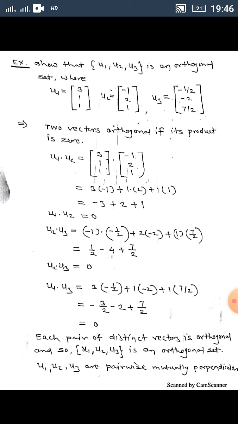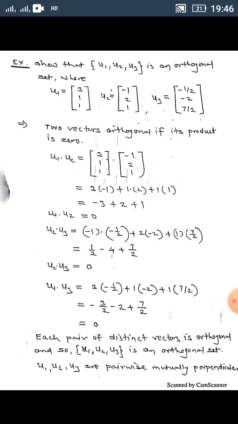Now see here, u1 into u2 is 0, u2 into u3 is 0, u1 into u3 is 0. So if all these conditions are 0, then we can say that u1, u2, u3 are pairwise mutually orthogonal or perpendicular, having 90 degrees. So the orthogonality condition is that the product of two vector elements should be equal to 0.